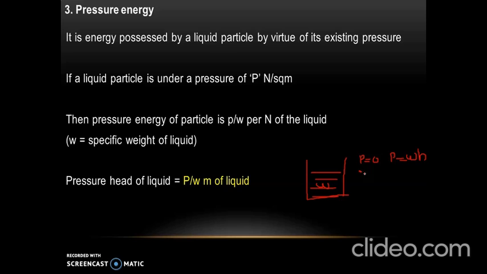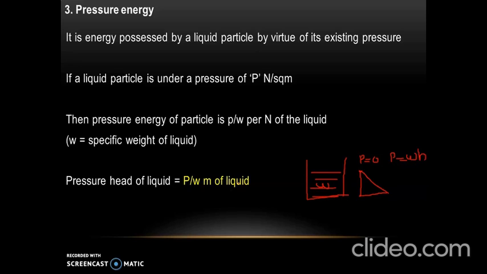So here H is equal to 0 and P also will be equal to 0. And as we move down H value increases. So we can see that pressure goes on increasing as we move downwards due to increase in height of the liquid.